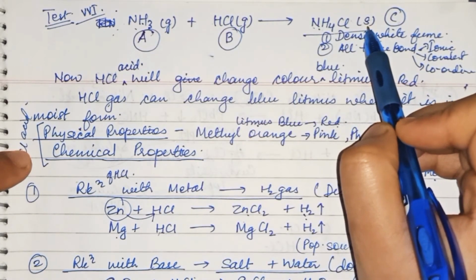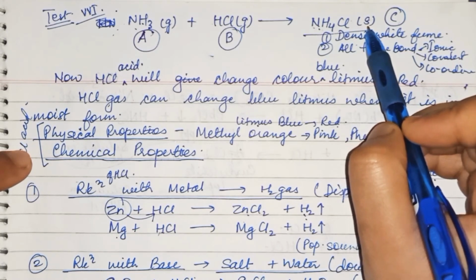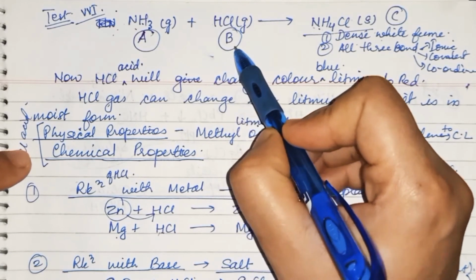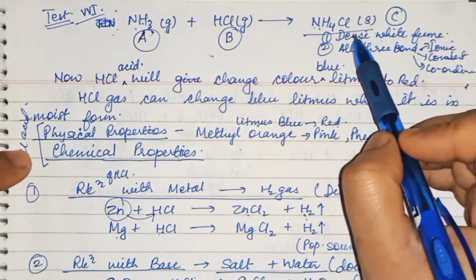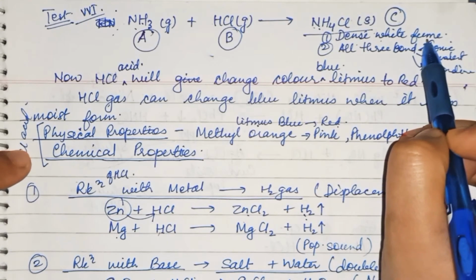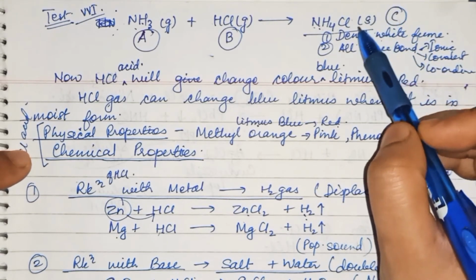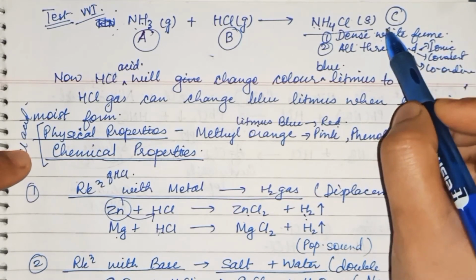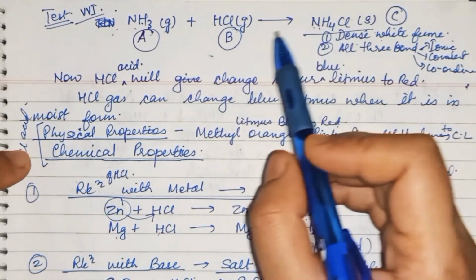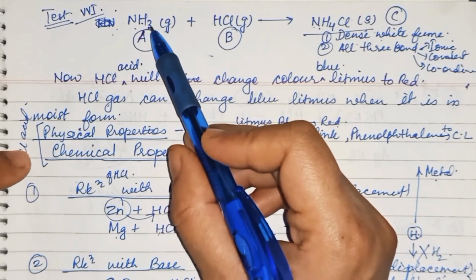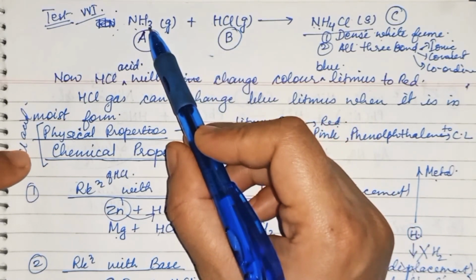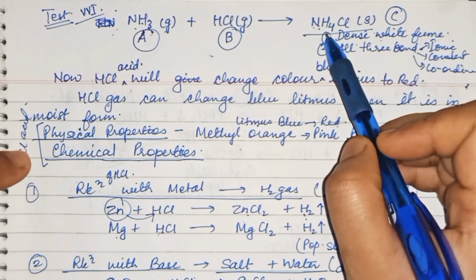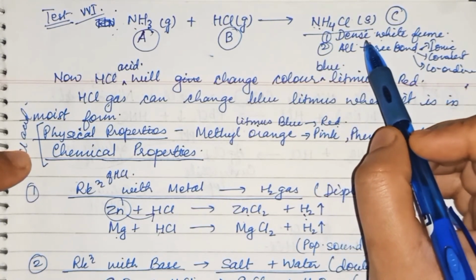Sometimes in the exam it may ask that a gas A combines with a gas B, a solid substance is formed, this is dense white fumes and it gives a smoke-like formation. Identify A, B and C. At that time, children, you will write A is ammonia, B is HCl and C is ammonium chloride. Like this, a question may be asked in the exam.